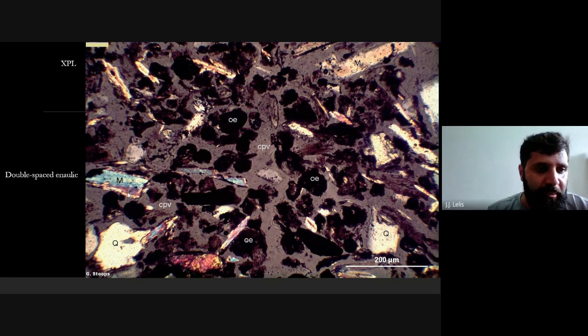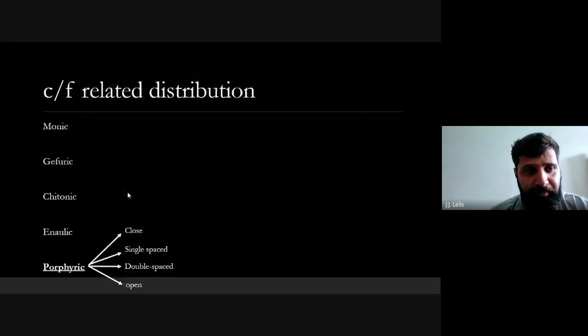So it's a double-spaced enaulic CF ratio. And if the distance between the coarse grains is higher than the mean size of these coarse grains, we have an open enaulic CF ratio.